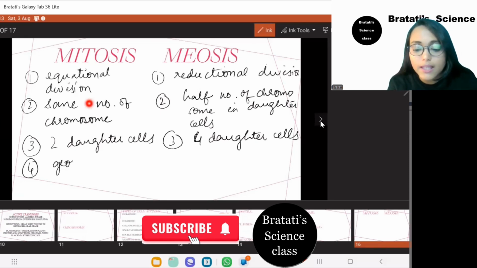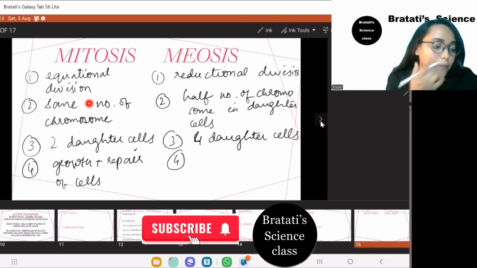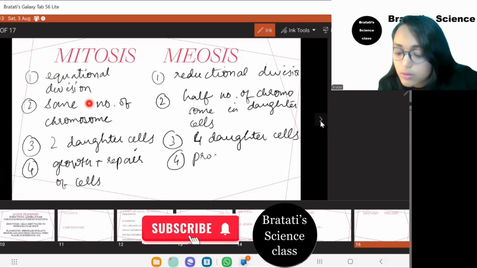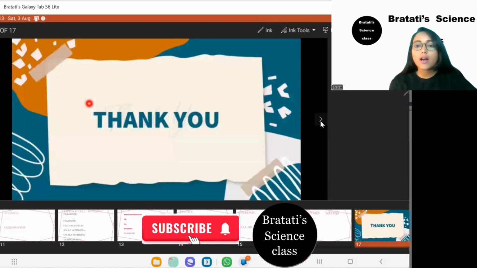Number 4, mitosis helps in the growth and repair of cells, but meiosis helps in the production of gametes, which can be sperm cells or egg cells, the ovum. Okay, so we are done.